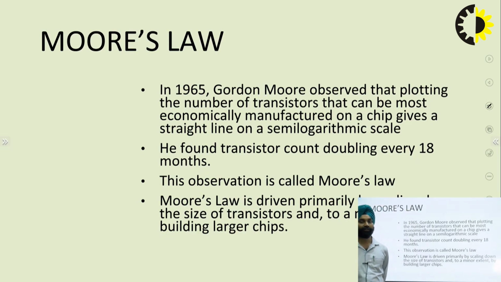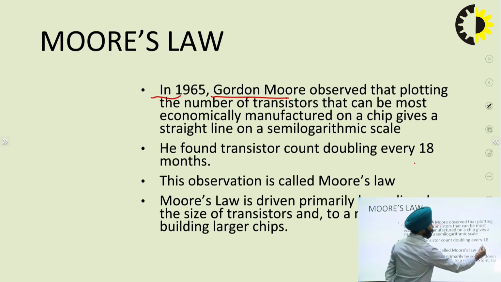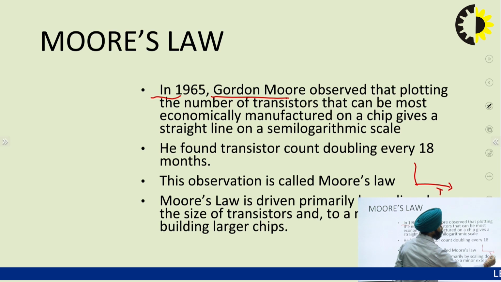When the number of transistors in an IC was increasing, in 1965 Gordon Moore gave a law based on his observation. He observed a plot of the number of transistors per unit area against time. He created a graph with time on one axis and the number of transistors on the other.